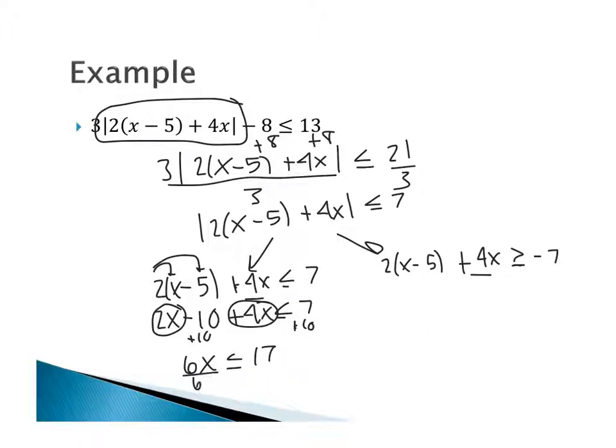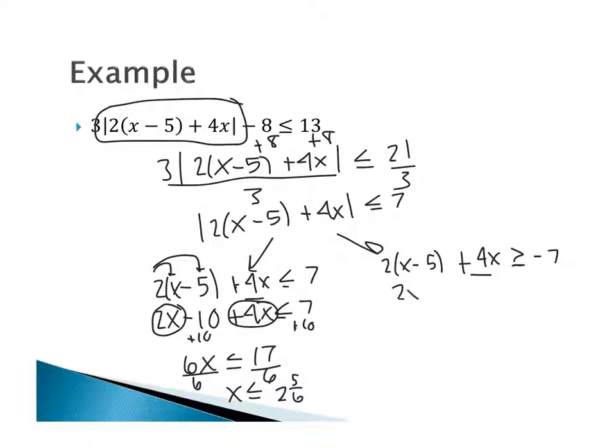Last thing, divide by 6. x is less than or equal to, let's see, 6 goes into 17 almost 3 times. So it's actually 2 and 5/6. Okay, so it goes in 2 to get to 12, 5 left over, so it's 2 and 5/6. All right, same thing over here.